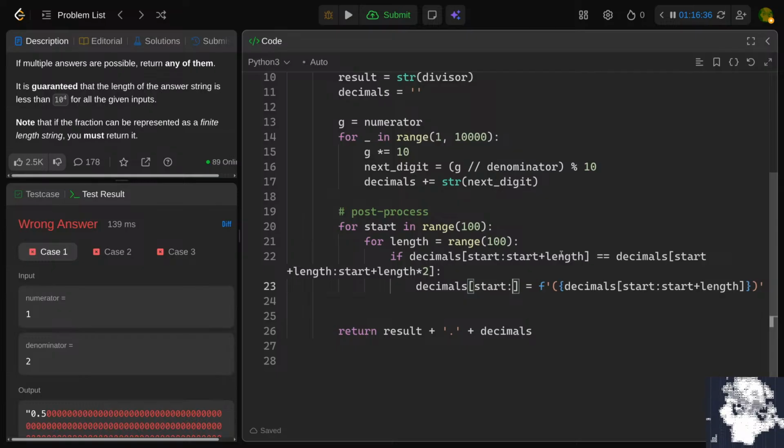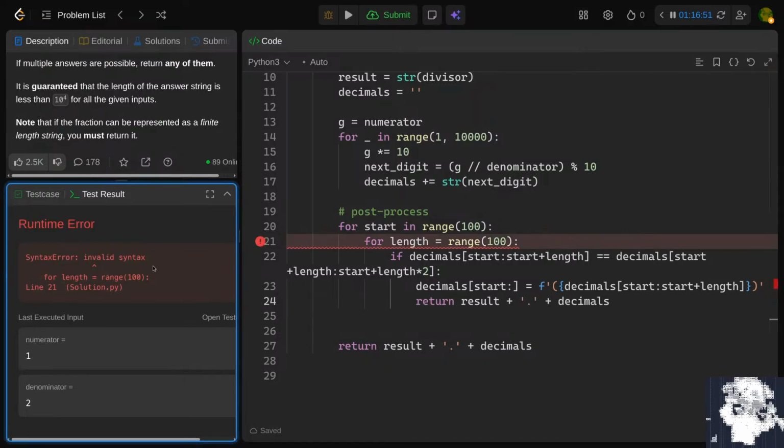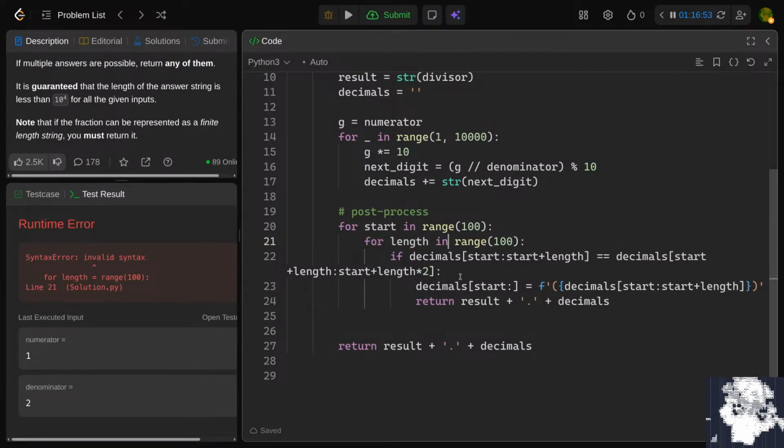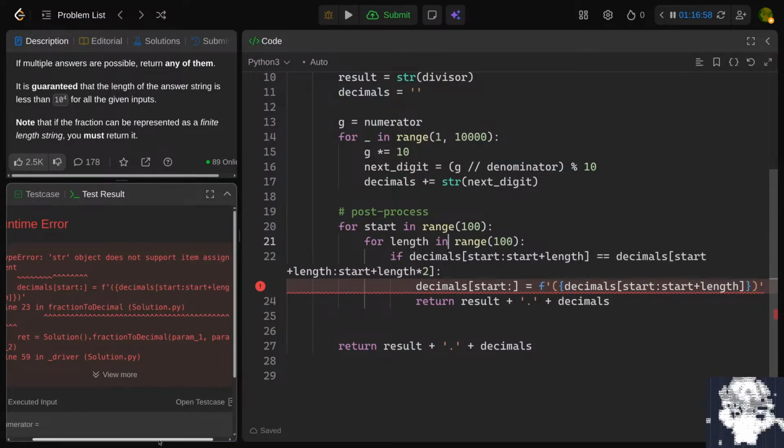Replace everything for the rest of the string with that slice but with parentheses around it, and then return. String object does not support assignment. Yeah, you can't. You can slice a string, but you can't slice to overwrite values in a string.